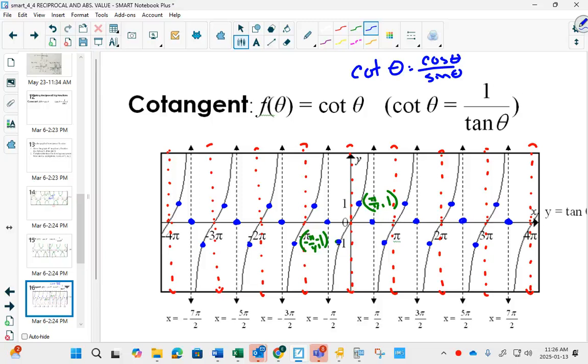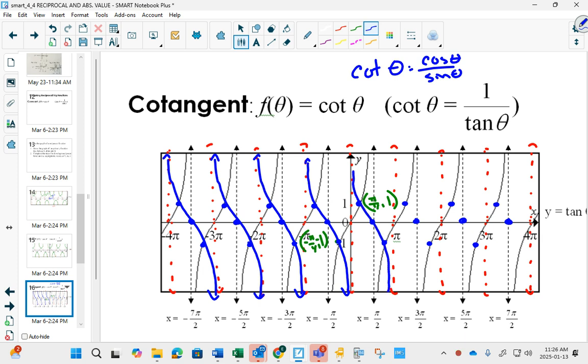And after you have your asymptotes and your nice points, your graph is going to go through your nice points towards your asymptotes. And so on.